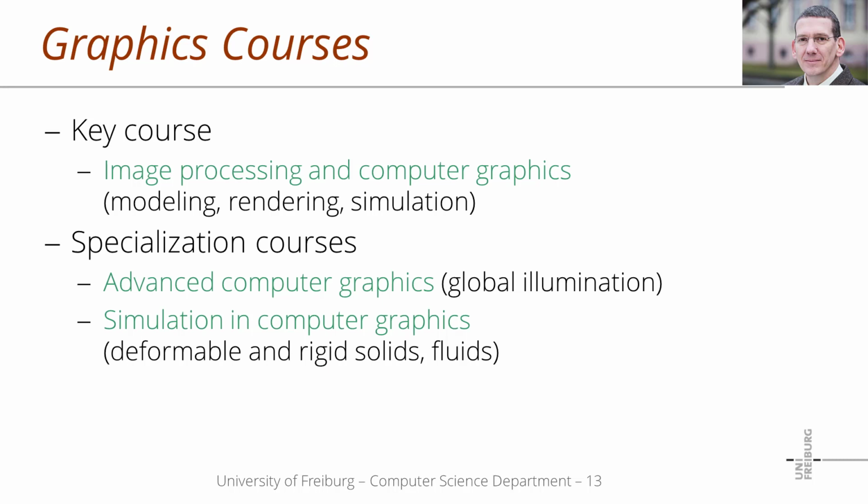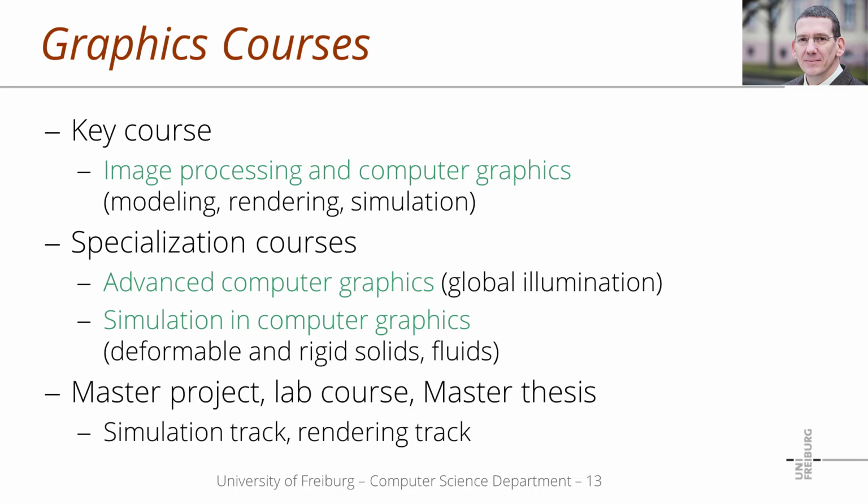And such effects are captured by global illumination approaches such as radiosity or stochastic ray tracing. And in the advanced computer graphics course, we focus on such global illumination approaches. In the simulation course, we are concerned with concepts to simulate deformable objects, rigid solids, or fluids, and in this context we mainly look into particle-based approaches.